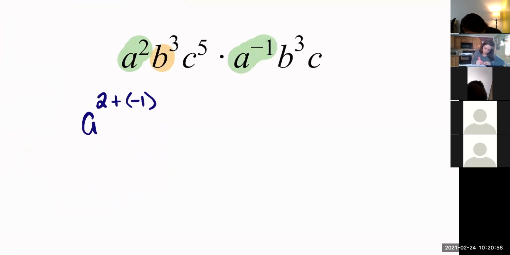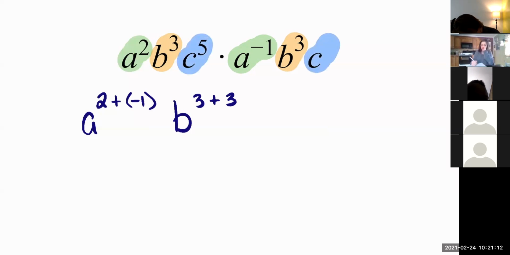Then I have base B. So I could think of that as B to the power of 3 plus 3. And then I have the C's, which is C to the power of what? 6.